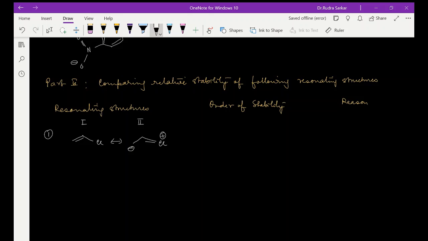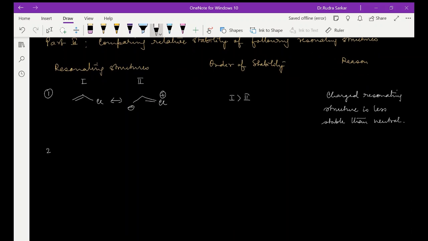So here 1 is more stable than 2, the reason being a charged resonating structure is less stable than a neutral one.